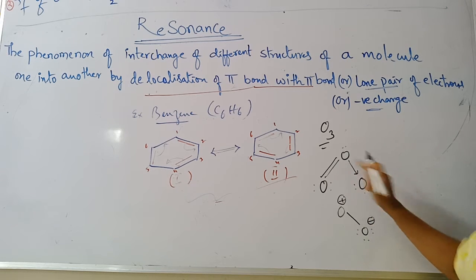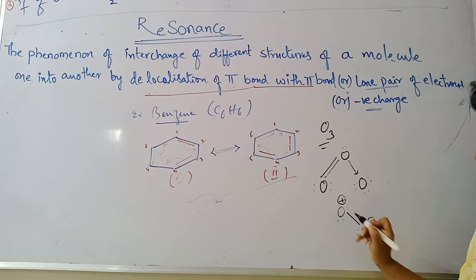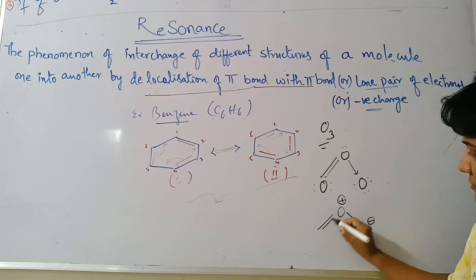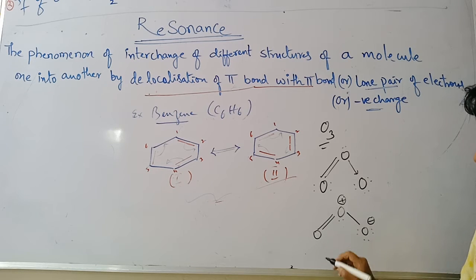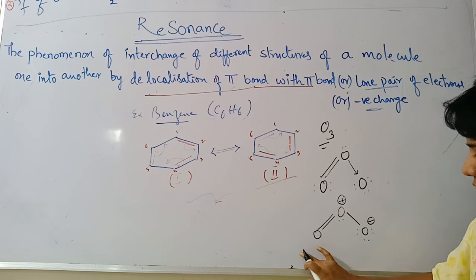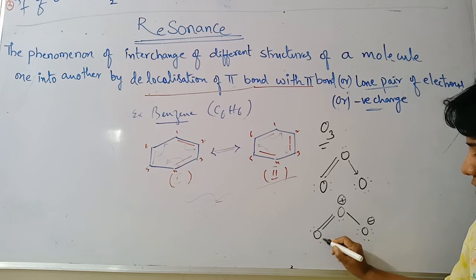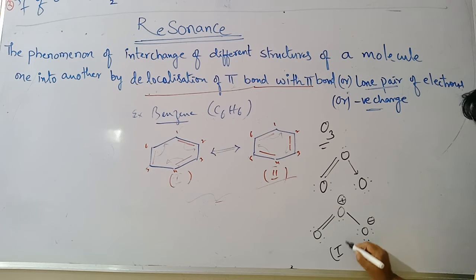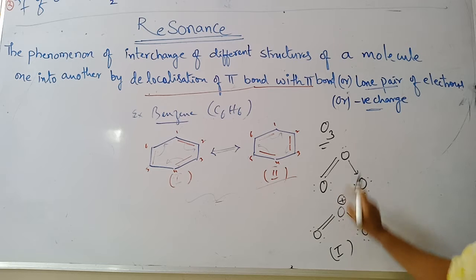And on the middle oxygen only one pair is left, and between the first and second, just a pure covalent bond, no loss, no gain. And here the 2 pairs of electrons on this first oxygen atom. The first structure of both is the same.